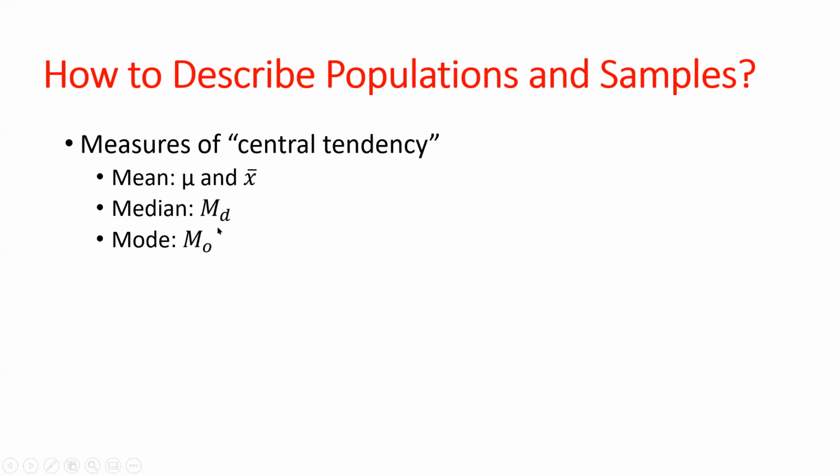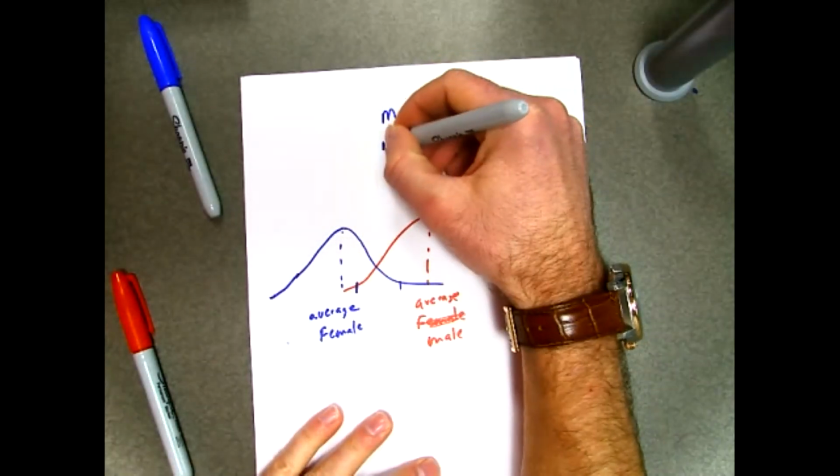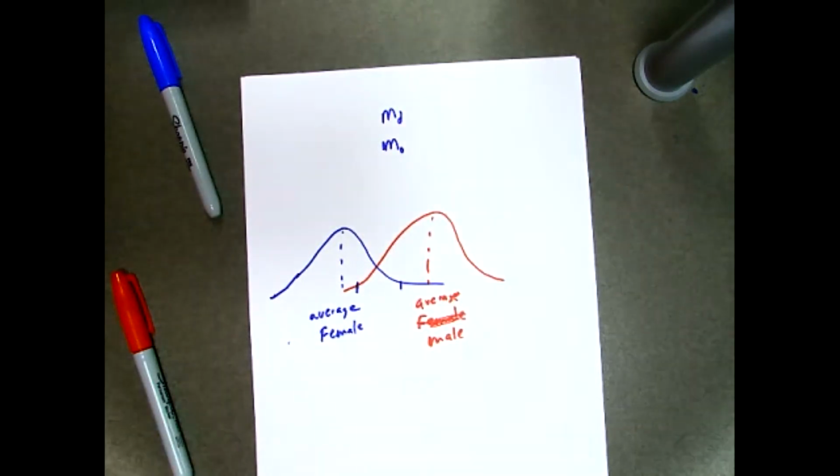Our median and our mode don't quite fit this convention. We typically just write them with a capital M subscript D for median, capital M subscript O for mode. If you really want to be complete here, the capital M's represent population medians and modes. If we want to be real complete, the sample median and mode would just be the same thing, but using lowercase lettering.